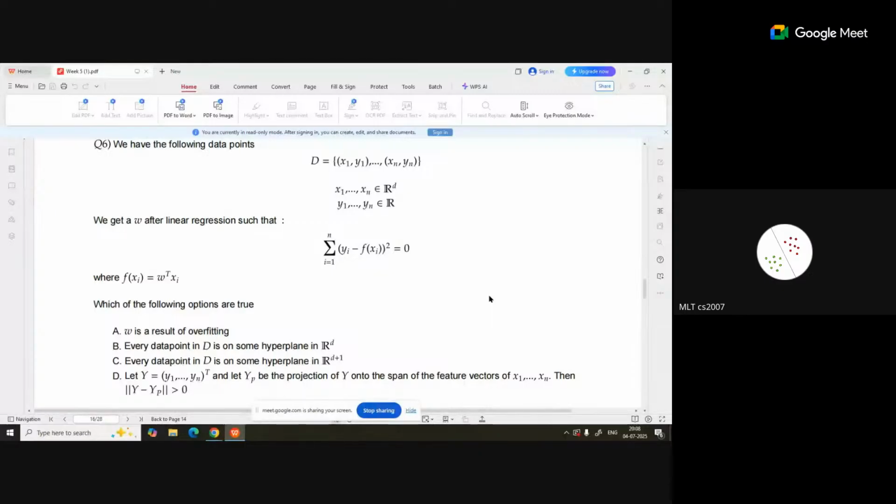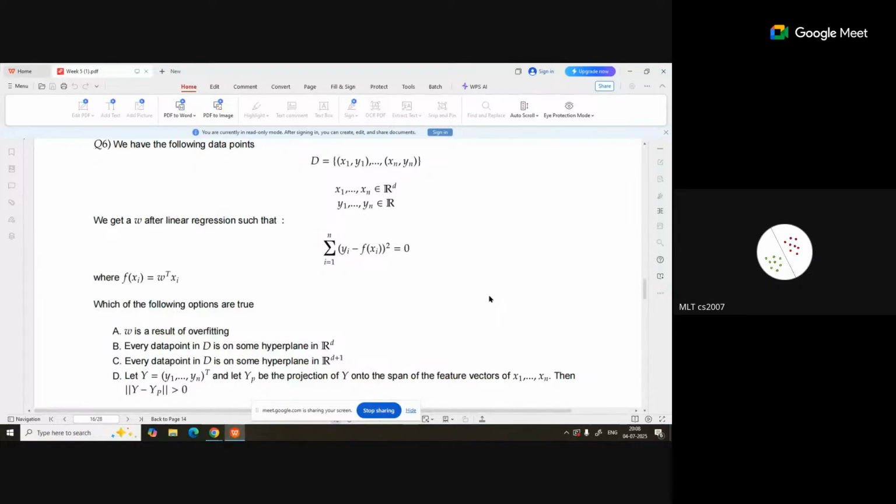What about option D? The error is 0, na? It cannot be greater than 0. It should be 0 only. Option D: you have y1 to yp as a projection on the span of feature vectors.